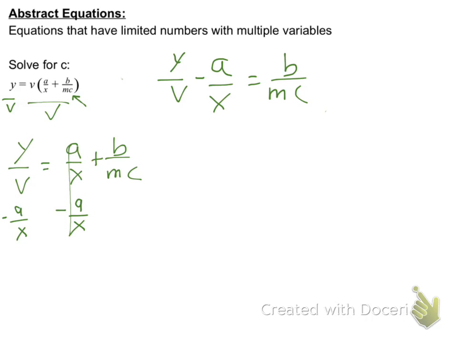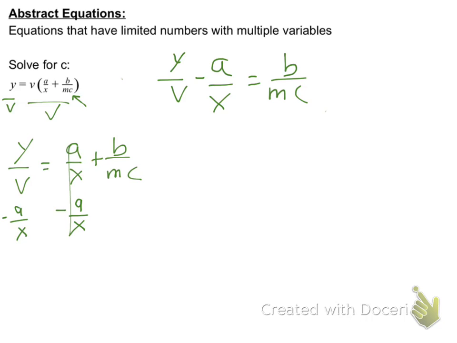I want to get c by itself, guys. We could multiply by m. That'd get c by itself on the bottom, right? But I don't know if that necessarily would help us yet. Multiply by what? 1 over b? Yeah.